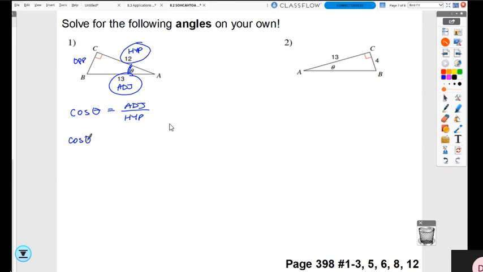A 13 over, sorry. Oh, look at me, silly. Didn't even follow my own rules. I got hypotenuse, adjacent.